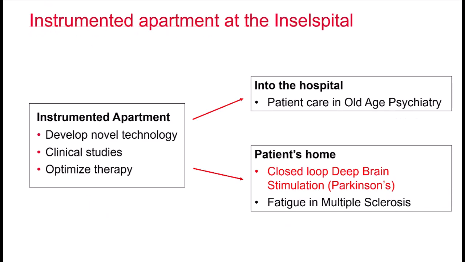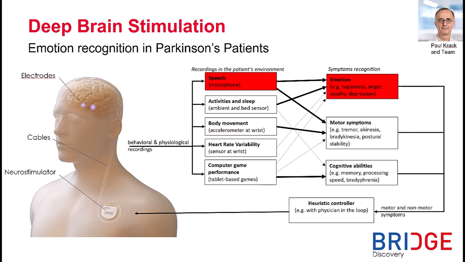Another example that I would like to share with you takes place in the patient's home. And here it's in the context of deep brain stimulation in Parkinson's disease. Here we are talking about severely affected Parkinson patients that have an implanted deep brain stimulator.